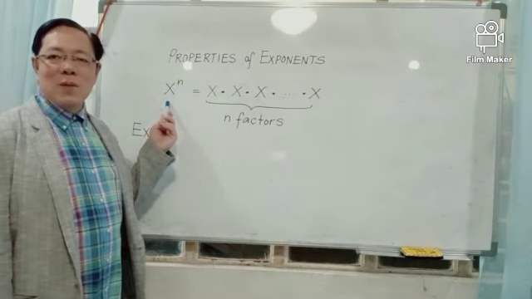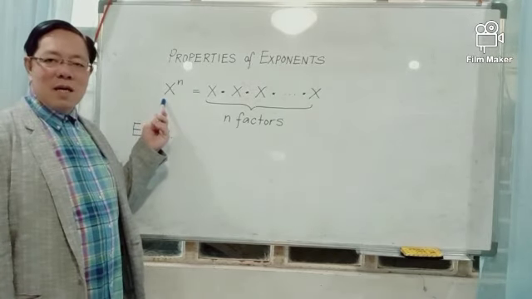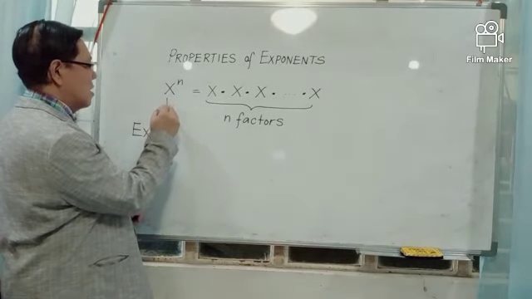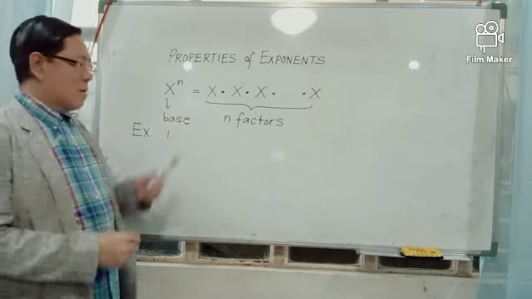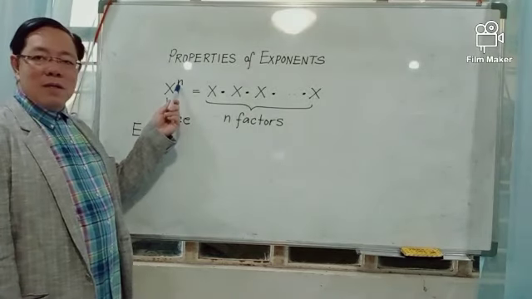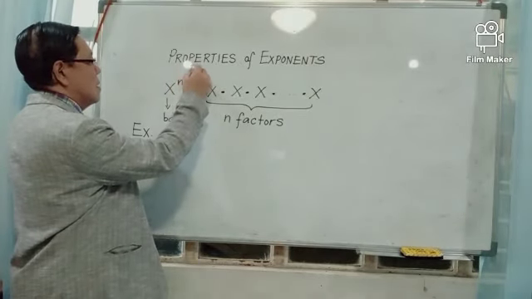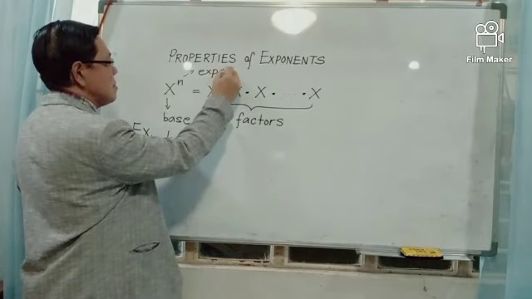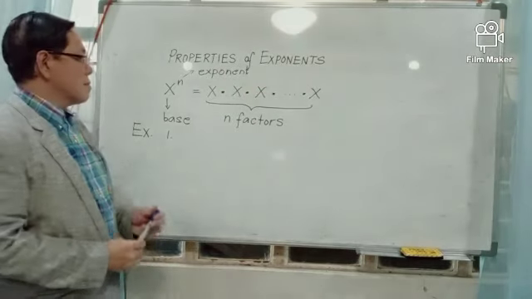This is what is known as the exponential notation, where x here is called the base. X is called the base of this exponential notation, and the power n here is called the exponent, or the power of x.